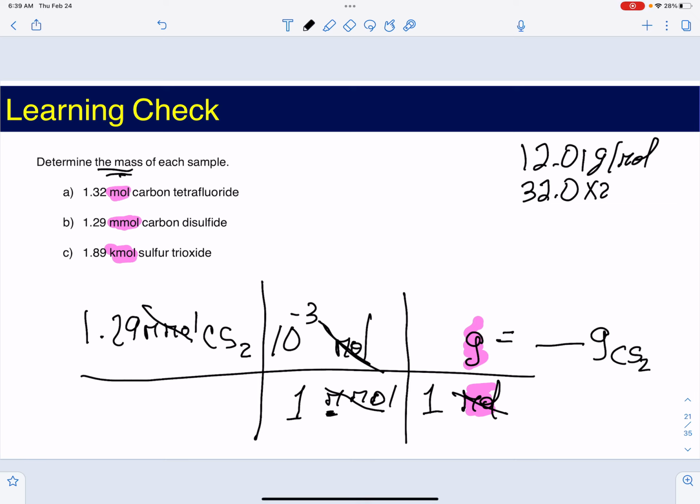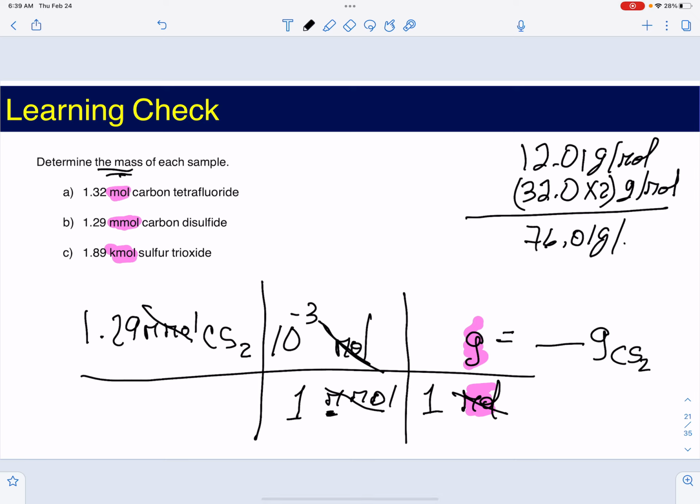So once more, double check the periodic table in case I don't have it exactly. I do it from my memory, but I'm focused on showing you the procedure, not the math. So that's going to be 64 plus 12, which is going to be 76.01 grams per mole. So 1 mole equals 76.01 grams per mole.